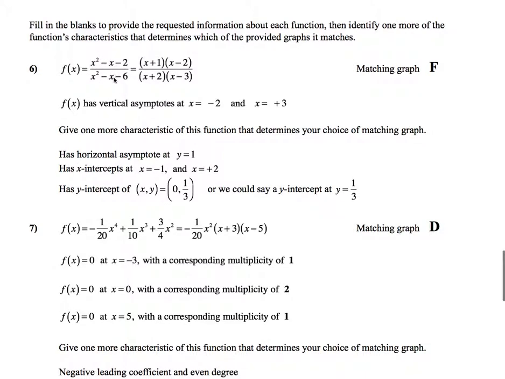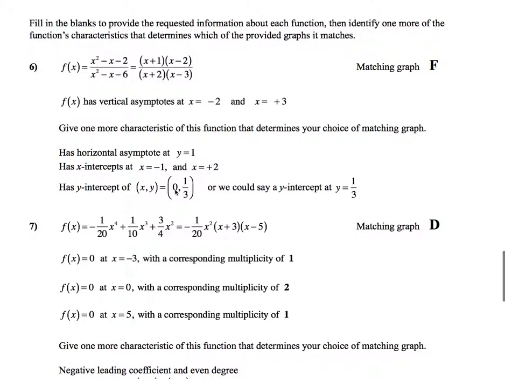X squared minus x is 0 in both numerator and denominator, and that leaves -2 over -6, which simplifies as +1/3. So we have a y-intercept of (0, 1/3), or we could say we have a y-intercept at y equals 1/3.